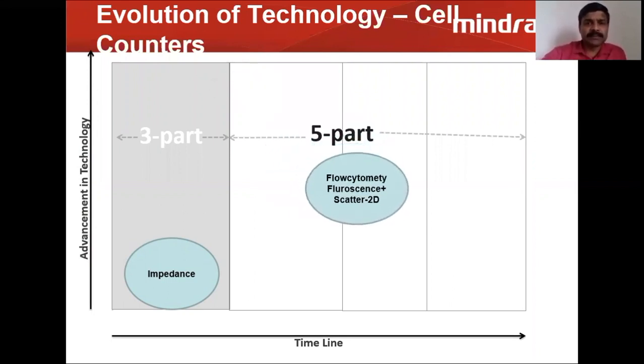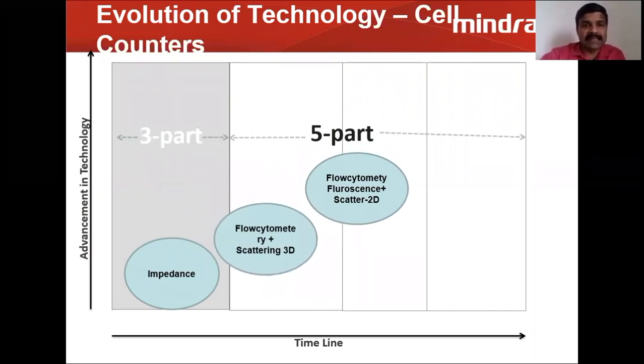As the challenges became more and the requirement for solving these challenges grew, this new technology came into picture in the form of the 5-part differential analyzer, where our WBC was more concentrated and we were getting a 5-part differential, with new technology like flow cytometry introduced with some 3D scattering.